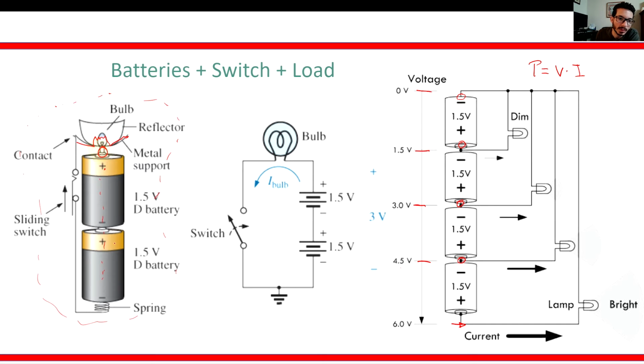The circuit is closed at the batteries with the springs, and just a plain circuit would be this type, where you have a light bulb and your batteries connected in series. The ground is not in the middle, otherwise we'll have negative 0.5 and positive 0.5. You have the ground at the bottom of the first battery, and then the switch is closing the circuit.